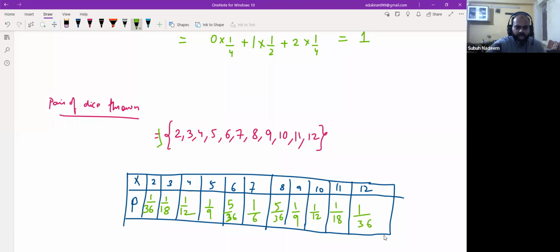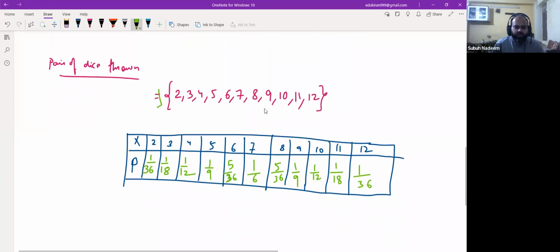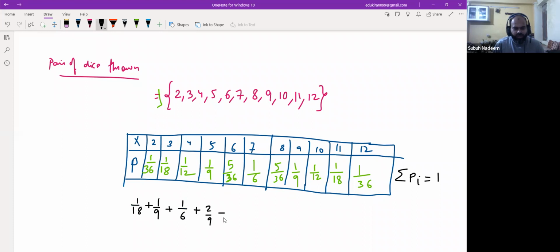Is it okay? Now you can also check whether you have calculated it correctly, because the sum of these probabilities, sigma pi, must be 1, because there are no other outcomes of X. If you add them up, 1 by 36 plus 1 by 36 is 1 by 18, and then 1 by 18 plus 1 by 18 is 1 by 9, then 1 by 12 gives 1 by 6, then 2 by 9, then 10 by 36, then 1 by 6.